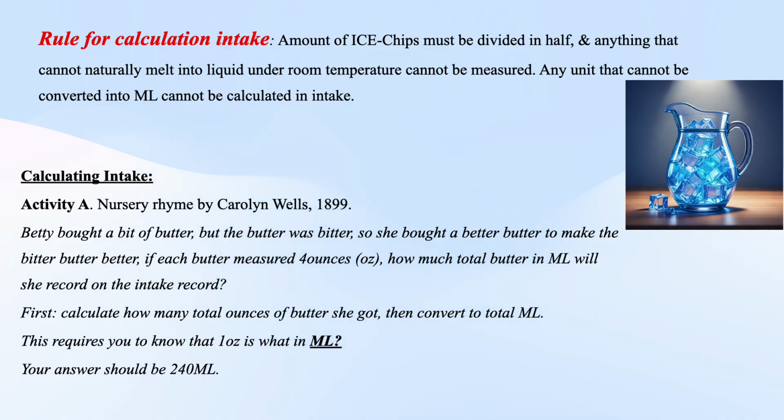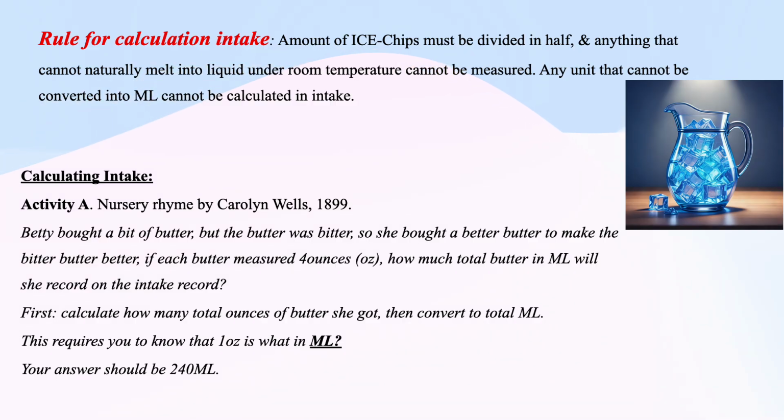It can be a cup of coffee, it can be gelatin that can melt under room temperature into liquid. It can be broth, not chicken broth, because the chicken is solid in there, so that won't be counted. And like I mentioned before, they get IV fluids, all of that is factored. Blood transfusions, all of that is factored.